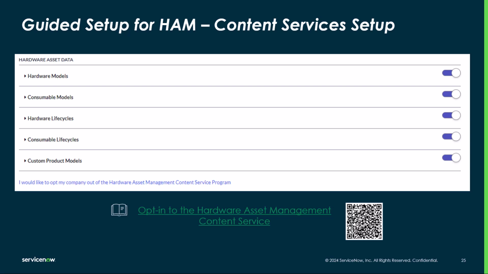I do recommend leaving all of them enabled. If there are specific models that you don't want to have uploaded to the content team, you can actually specify that on the model itself. And that's being shown in another video. And again, I've included here a link to the documentation on the hardware asset management content services.